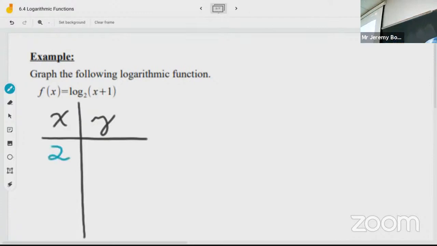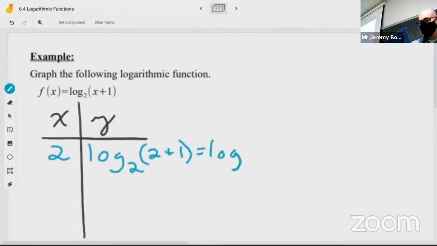If I say, well, let's let x be 2, that means to figure out what my y value is, I need to do log base 2 of 2 plus 1, which is log base 2 of 3. If you recall what logarithms mean, that means I'm trying to find what? Anybody remember?